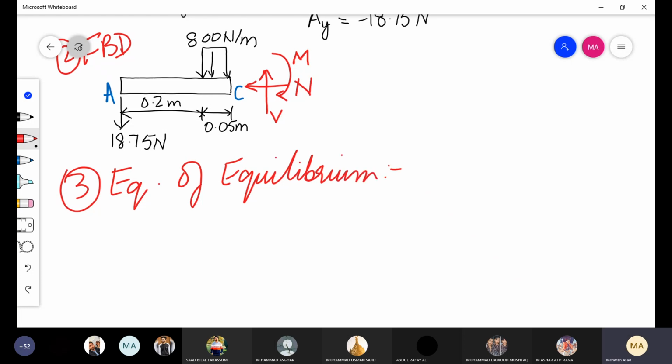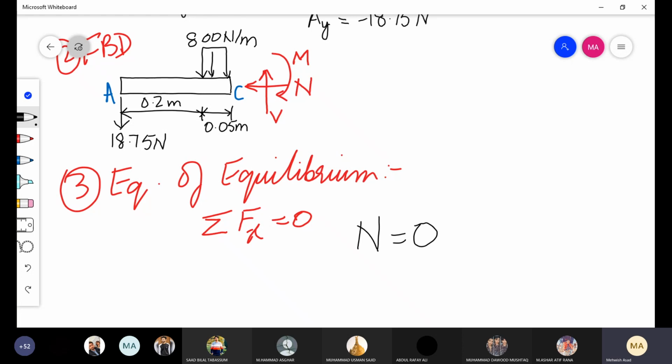So the first equation of equilibrium that we can apply over here is summation of Fx is equal to 0. We don't have any load in the x direction, so the normal force will be 0.